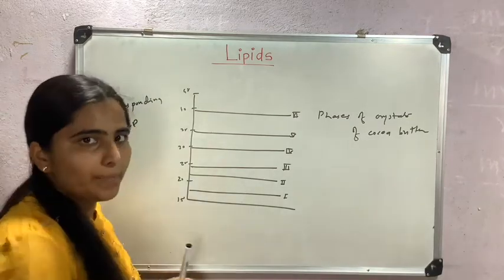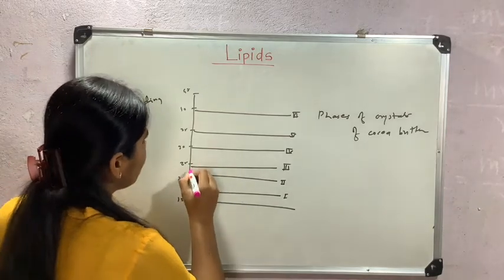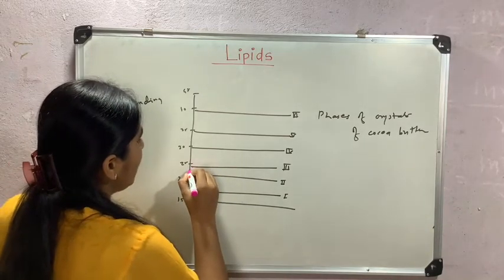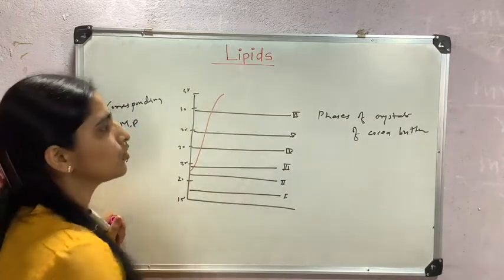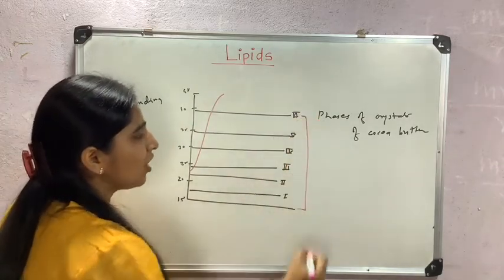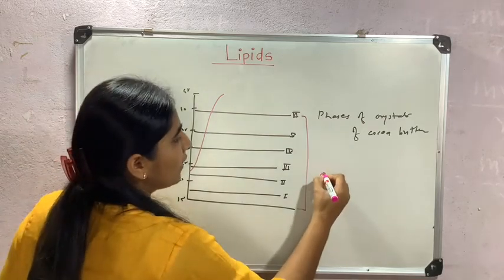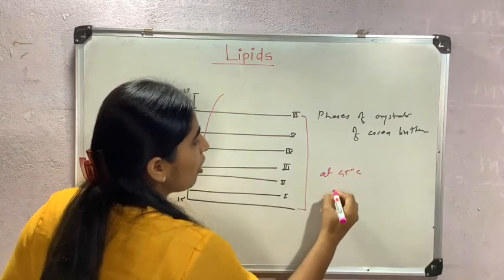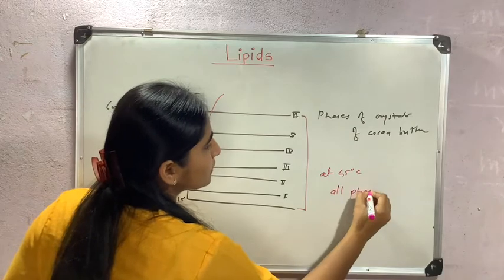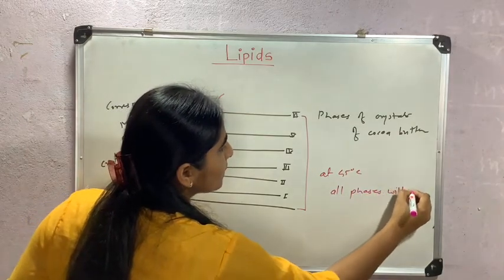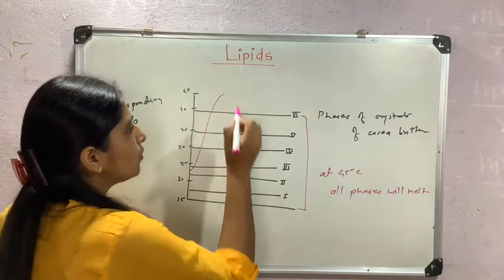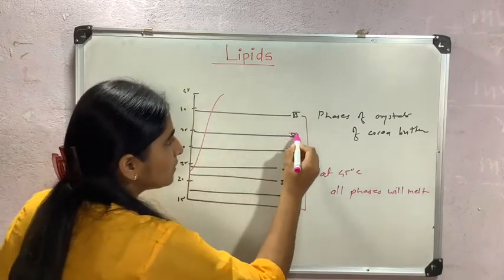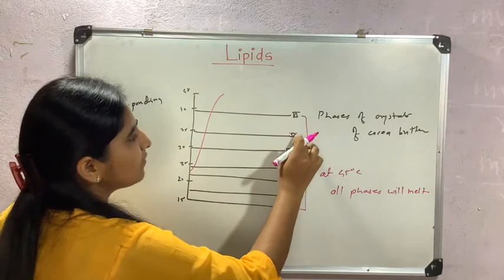To achieve tempering, we have to heat the chocolate up to 45 degrees Celsius, or more than 40 degrees Celsius, so that all the phases will melt. At 45 degrees Celsius, all phases will melt. Then we have to consider only phase 4.